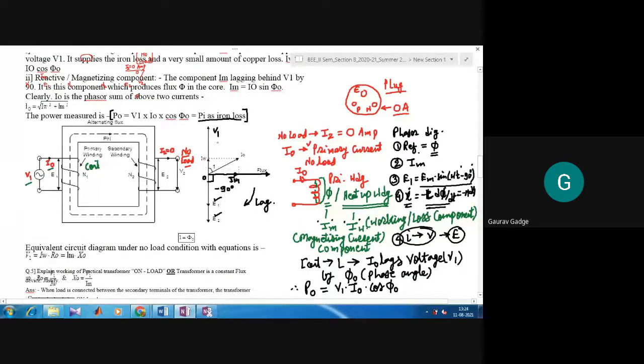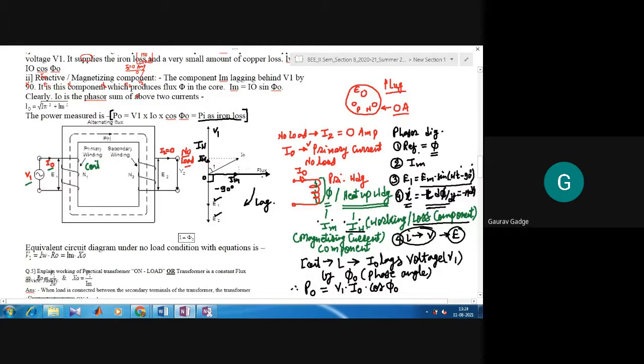Now, one current is the magnetizing current, another current is the working component of current, that is IW. So the loss component of current must be drawn in phase with voltage. IW must be drawn in phase with V1.